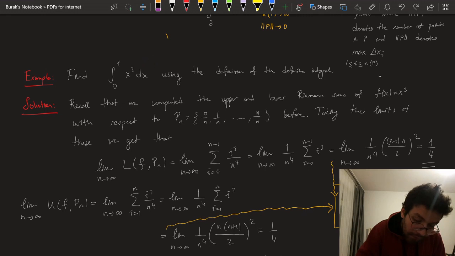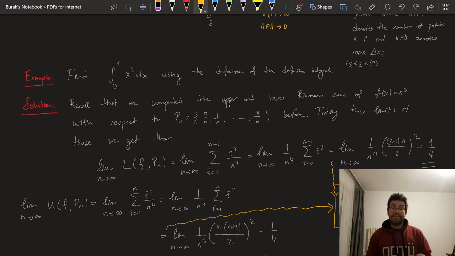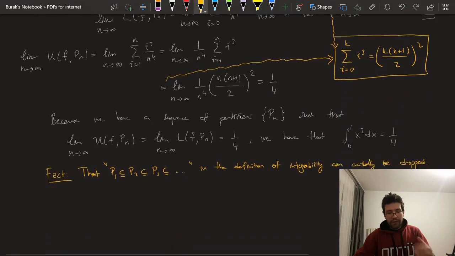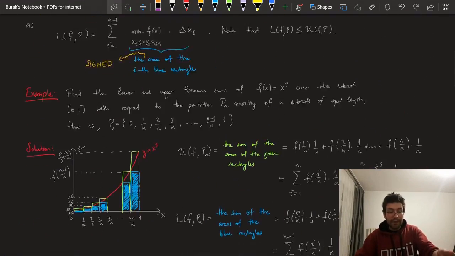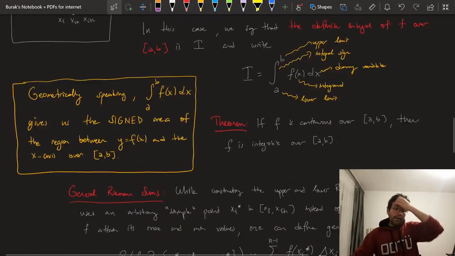So over here, I computed this integral using the definition. And as you can see, even for such a simple integral, computing it with the definition requires taking a lot of limits, and requires us to compute a lot of Riemann sums.